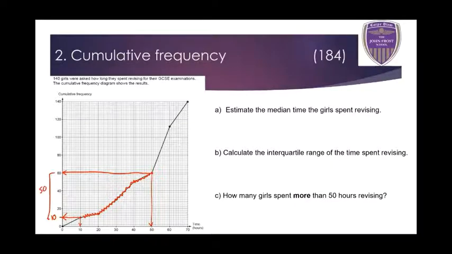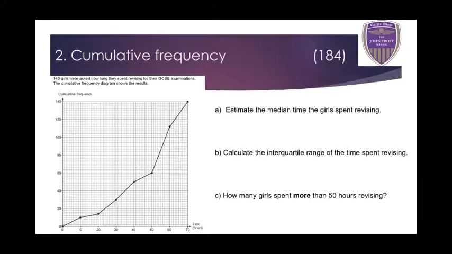There's 50 people between 60 and 10. And we can now see that 50 people revised between 10 hours and 50 hours. They're quite tricky to get your head around, and this is only a very brief introduction. If you want a bit more of a thorough recap, have a look at another one of our live lessons. But that's just a quick recap on cumulative frequency.